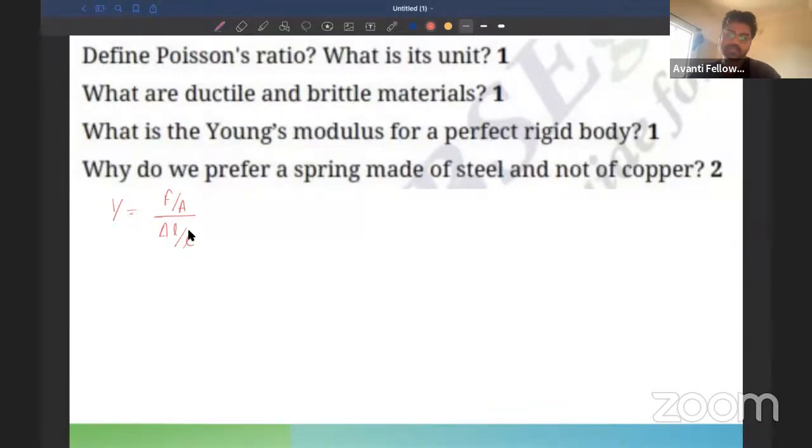Rigid body का मतलब क्या होता है? I have told you in laws of motion also when I started the chapter. What is a rigid body? Rigid body means a body that cannot be deformed by pressing or expanding. If you apply any deforming force, it cannot be reshaped.